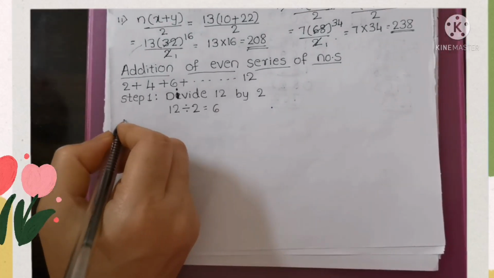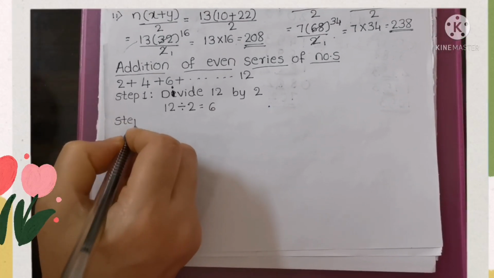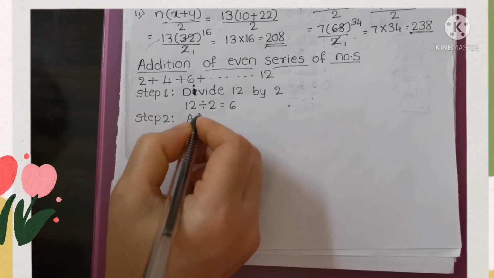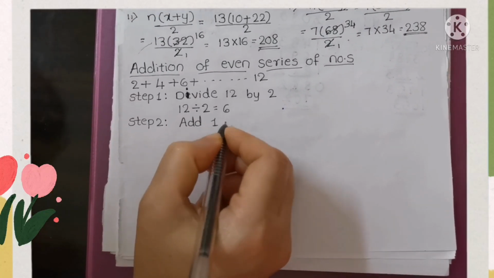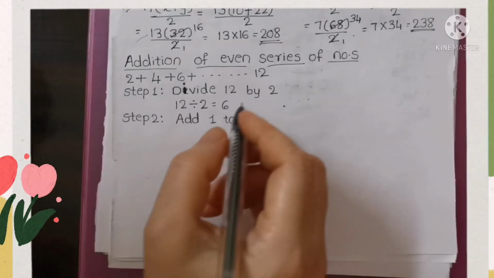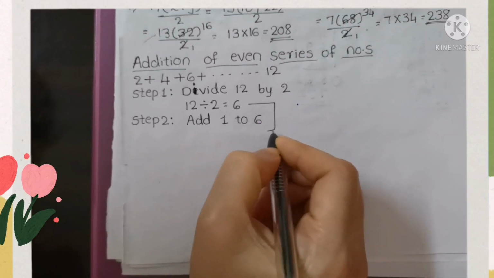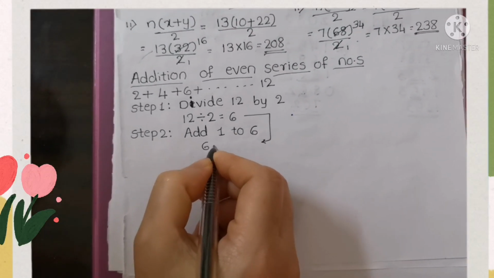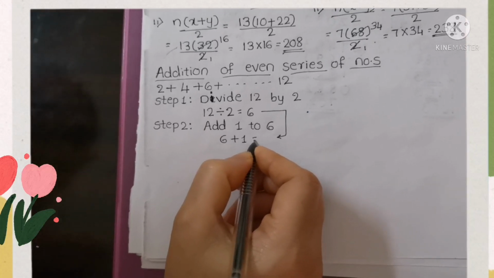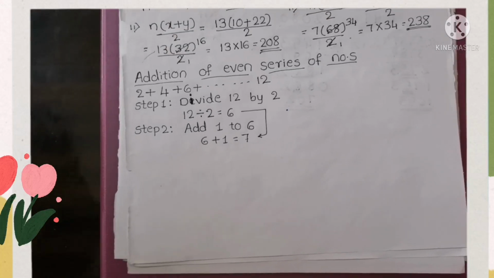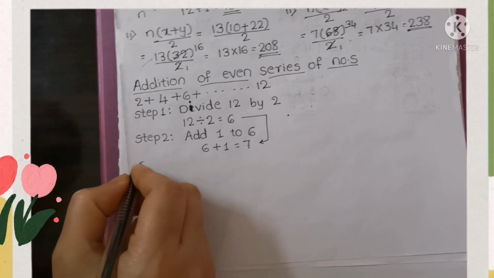So let's move on to step 2. In step 2, we have to add 1 to 6, which is our step 1 answer. So 6 plus 1 is 7. Let's move on to step 3.